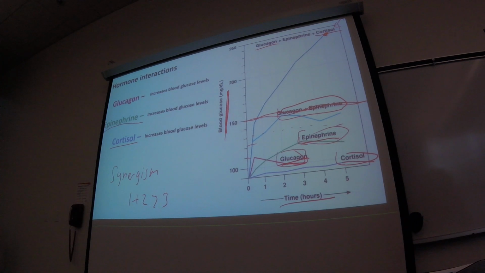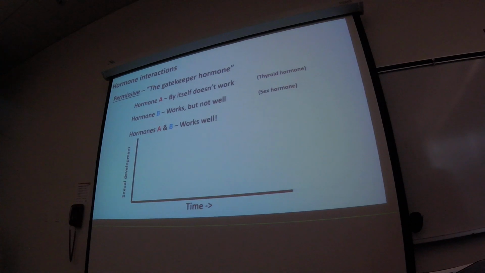You can have other hormone interactions. You can have something called permissive interactions. This is the idea of one hormone being the gatekeeper hormone. For example, let's look at sexual development. This is the same example as in your book. If you have hormone A, it doesn't work by itself. This is hormone A, and this is time on the x-axis.